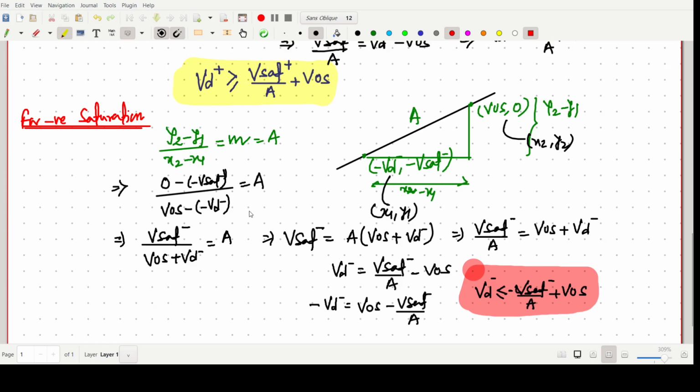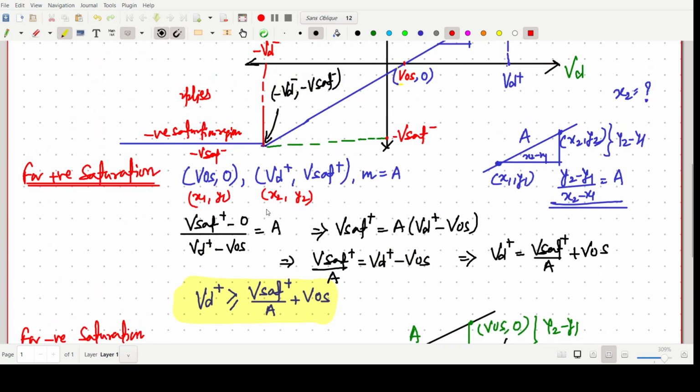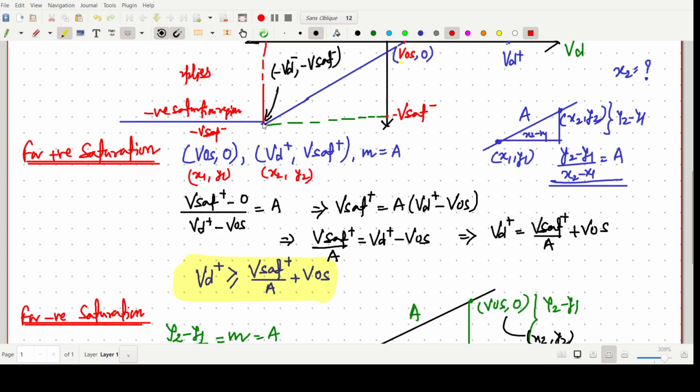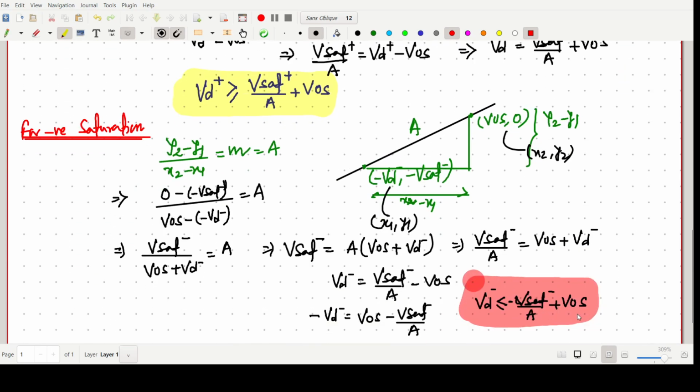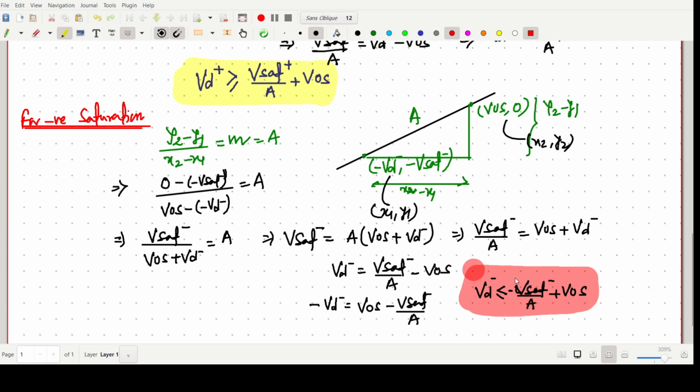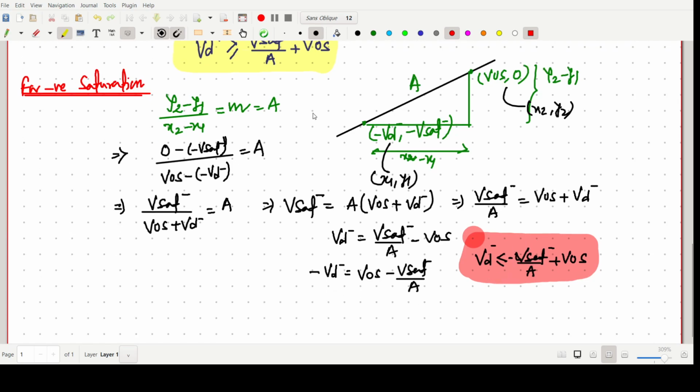Because for the saturation region, minus Vd minus is a function of something, so we can write it as a Vd minus. So Vd minus will be less than this value; if it is beyond this one, it is in the saturation. So it is a very simple thing. You have to use this concept.